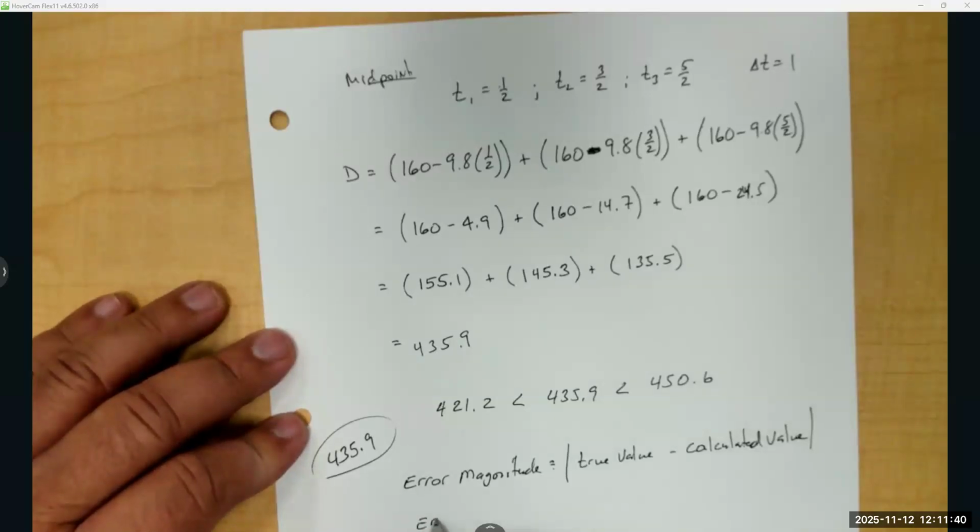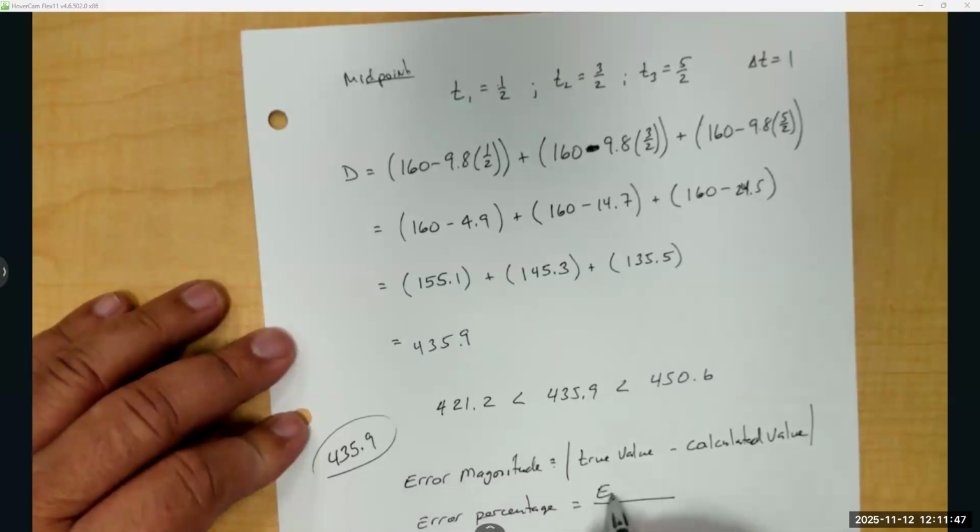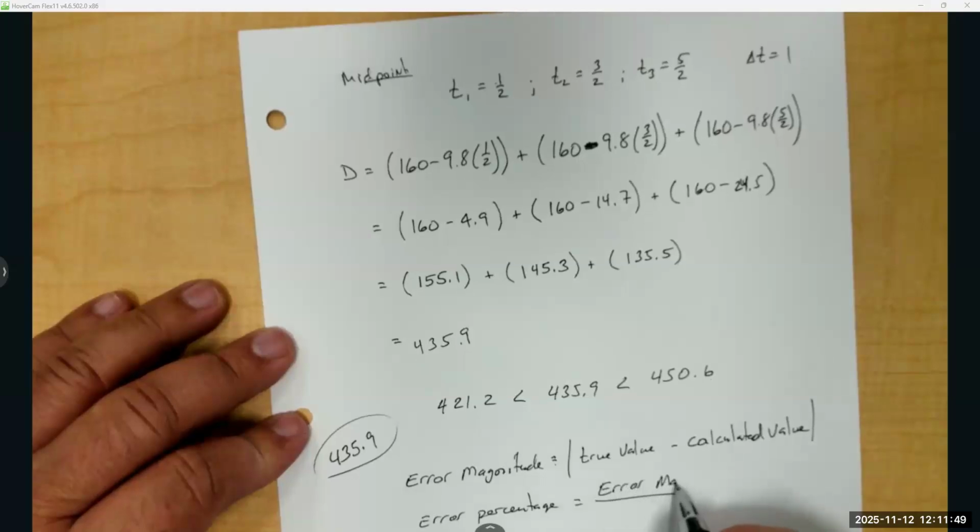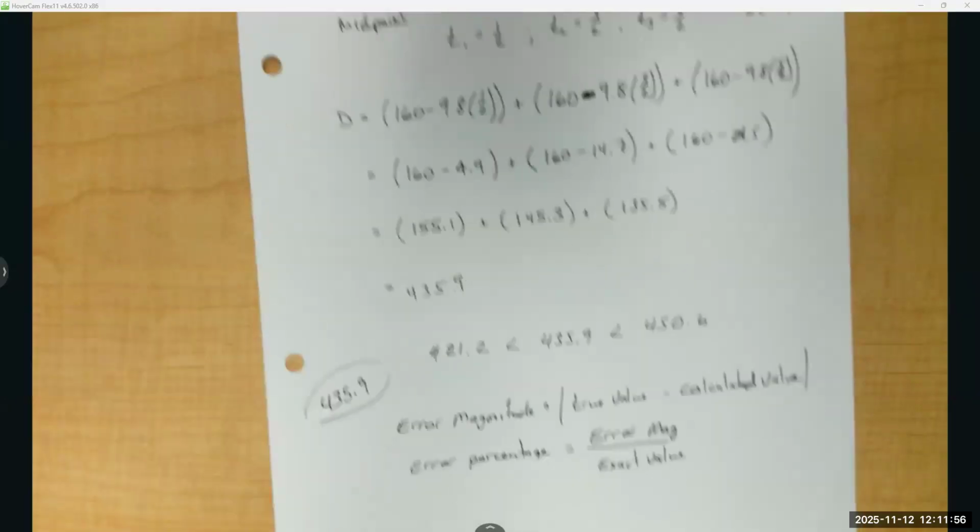And then we have the error percentage, which is the error magnitude divided by the exact value.